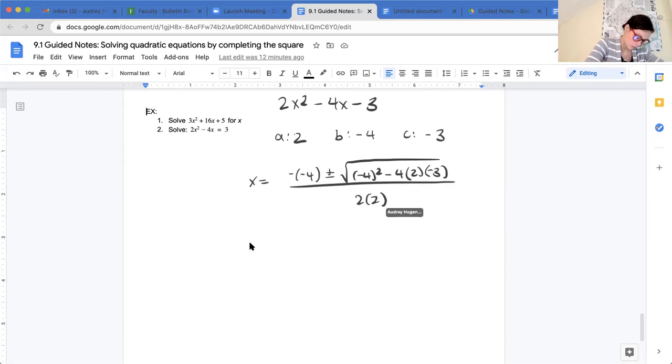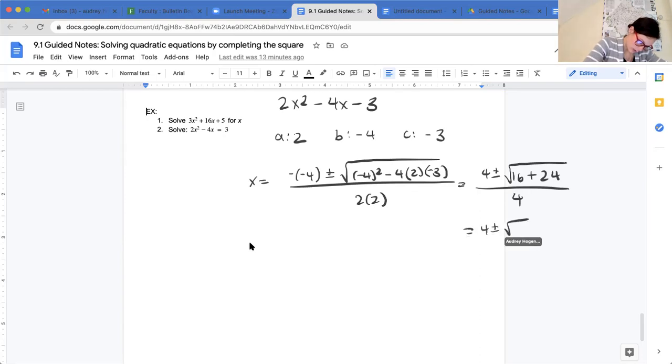So negative 4 is going to be just 4 plus or minus the square root of 16 minus 24. Negative 4 times 2 is going to be negative 8 times negative 3 is going to be positive 24 over 2 times 2 is 4. 16 plus 24 is going to give us 40. So we're going to get 4 plus or minus the square root of 40 over 4.